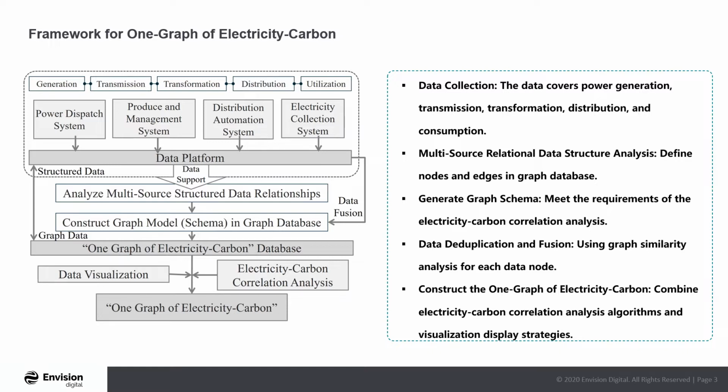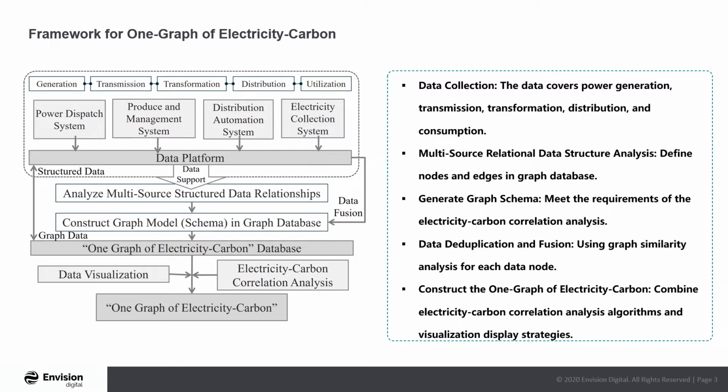The data covers power generation, transmission, transformation, distribution, and consumption. It can be collected through existing independent information systems, such as power grid scheduling, network topology, and measurement data provided by the dispatch system, equipment ledger data supplied by the production management system, distribution network topology and measurement data provided by the distribution automation system, and so on.